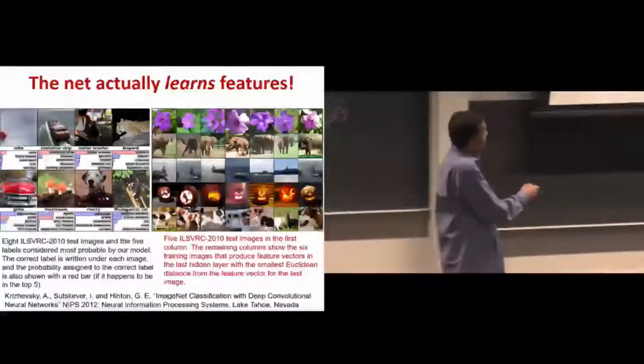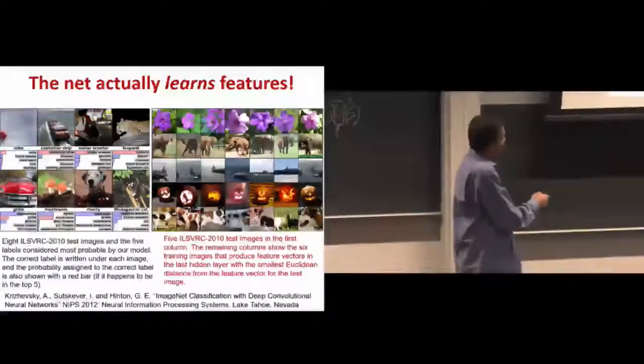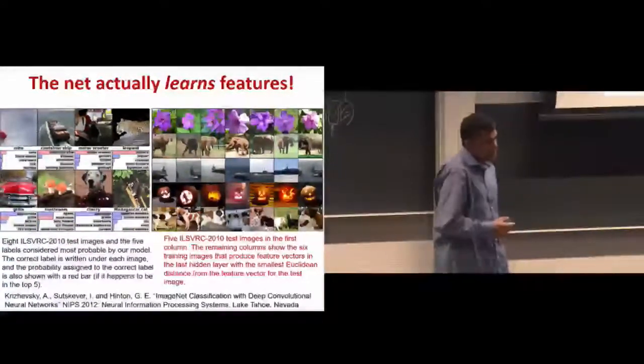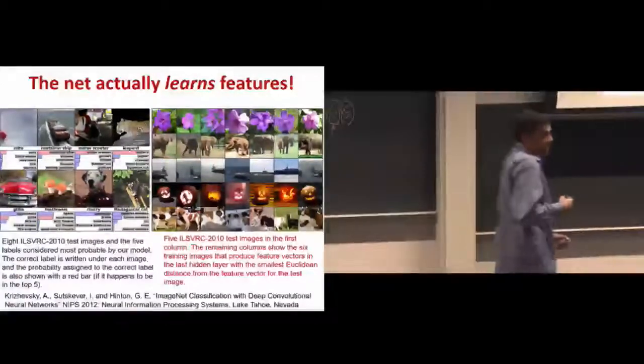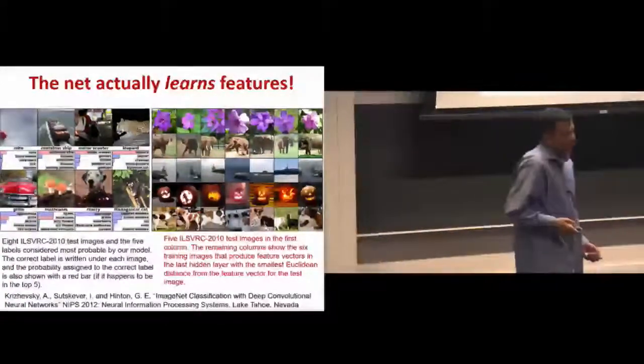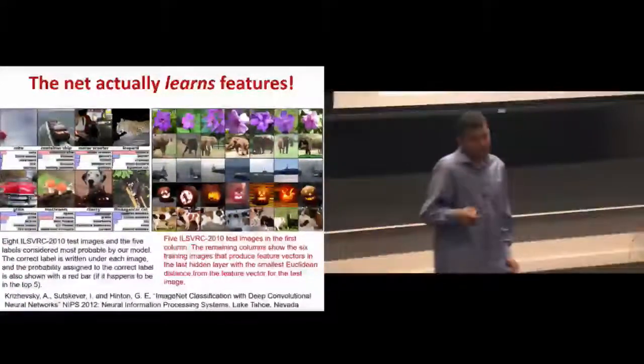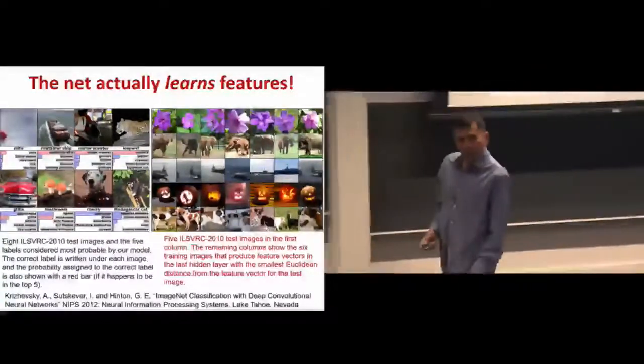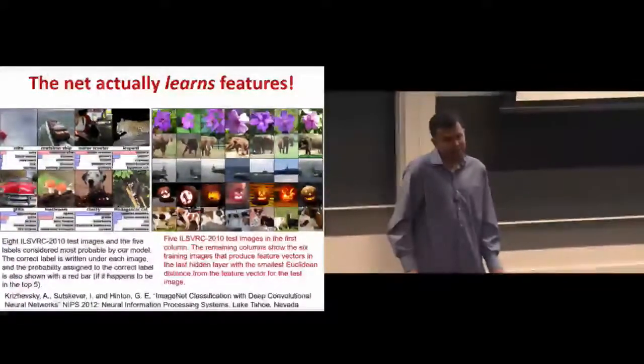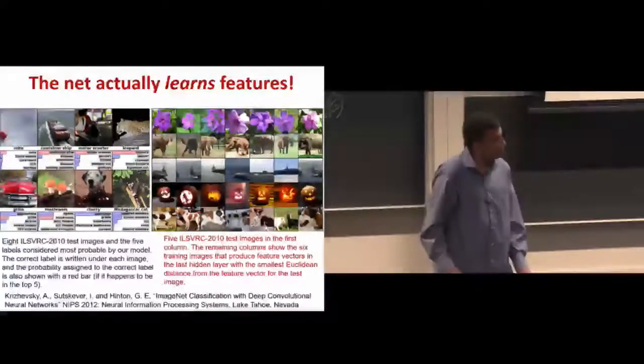And they find that the flower actually pulls up other flowers. Elephants pull up other elephants. So they also found out that they're automatically learning very meaningful kind of features, right? What sort of inner product did they use? Is it just standard cosine distance?